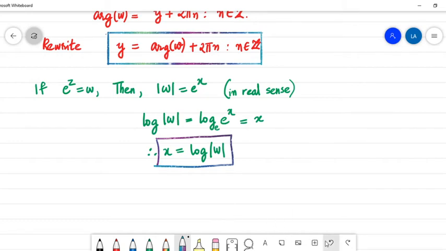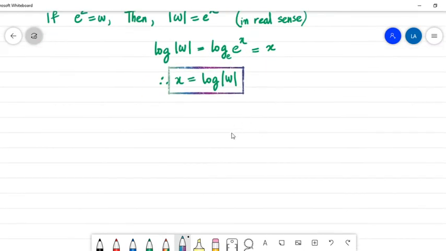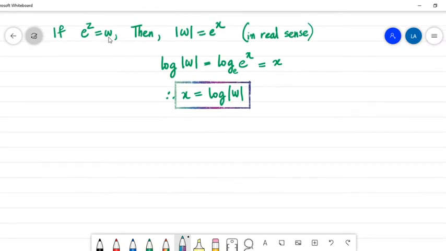Okay. So you're going to just put them together and say what z is. We started with e raised to z is equal to w. I'm going to solve this equation.